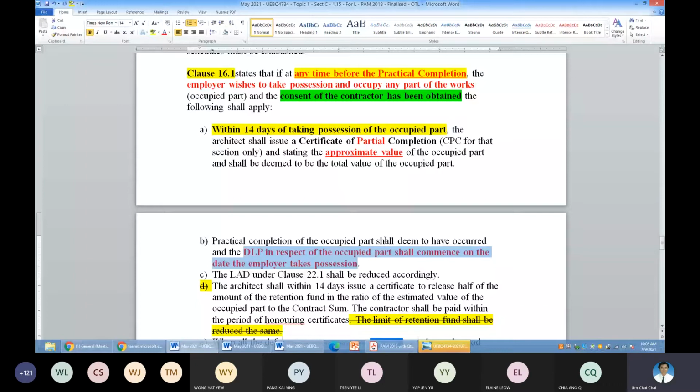Same case, if there is any LD for your overall package, the liquidated damages have to be reduced accordingly. So how does it operate? I give you an example here.